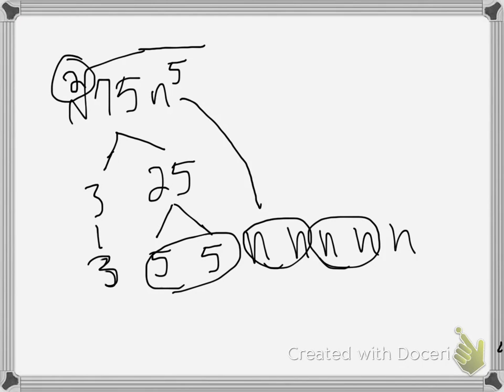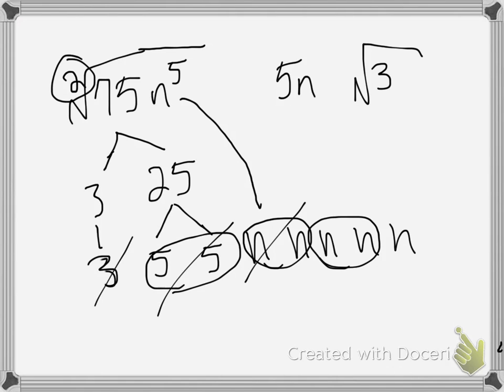If it does not have a pair, it has to stay under the radical. So 3 does not have a pair, so it stays under the radical. 5 has a pair, so it can come outside the radical. n has a pair, so I can pull it out of the radical. I have another pair of n's that I can pull outside of the radical. My last n does not have a pair, so it has to stay under the radical.